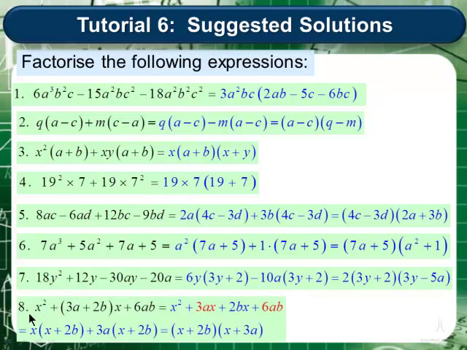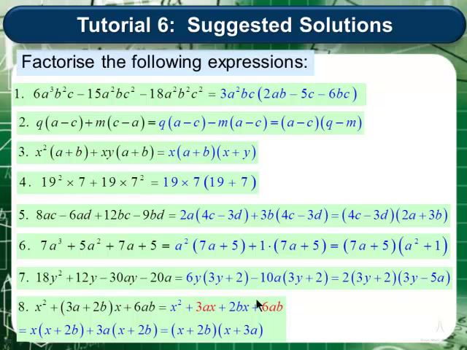Finally, if we look at problem number 8, we have an expression which consists seemingly of 3 terms, but in such a case we first expand the middle term by multiplying from the right by x into 3a plus 2b to get this expression with 4 terms, where we can then apply the grouping factorization technique.